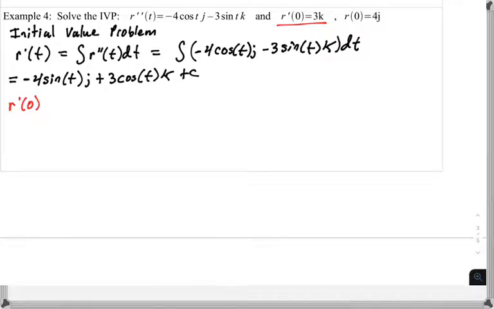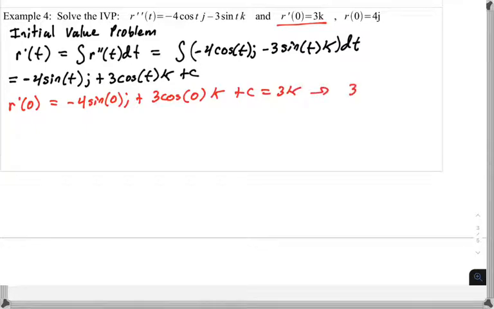And then we're going to use our initial condition, r prime of 0 is equal to 3k, to find the constant of integration. So negative 4 sine of 0, and that's your j component, plus 3 cosine of 0, that is your k component, plus the constant of integration is equal to 3k. So this is going to give us that 3k plus the constant of integration is equal to 3k, and then we would solve this for the constant of integration c.